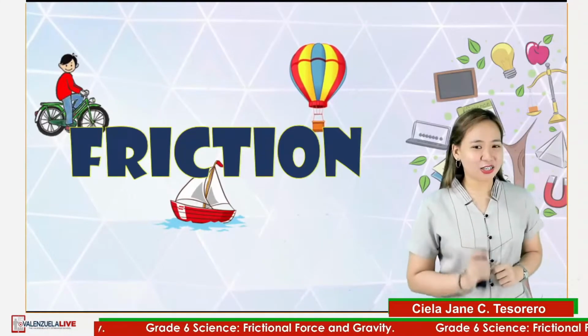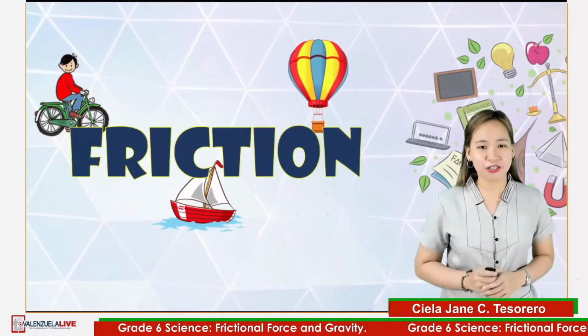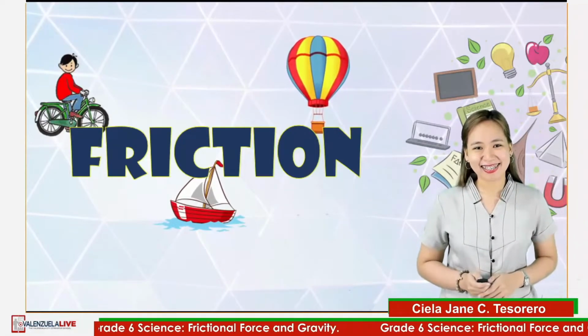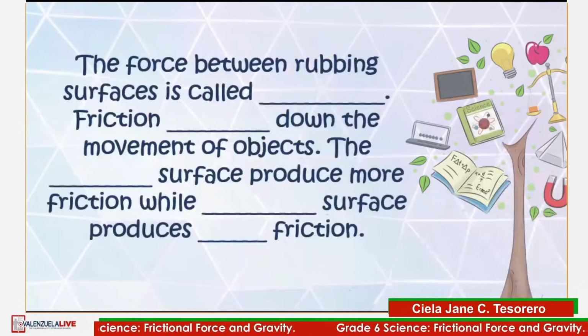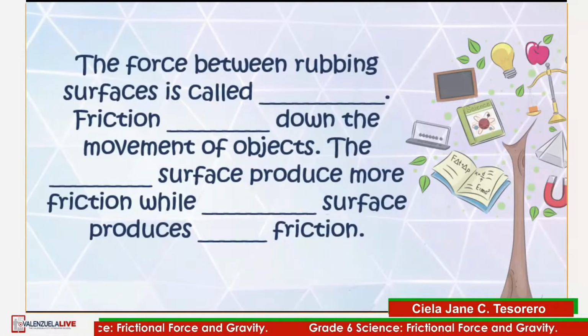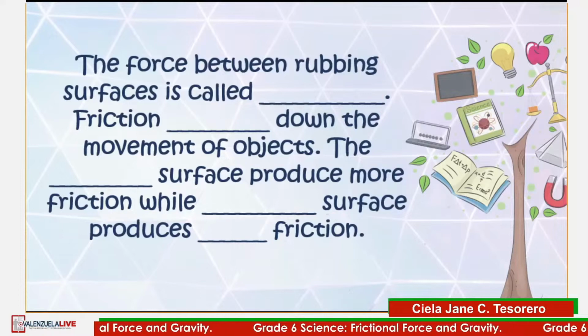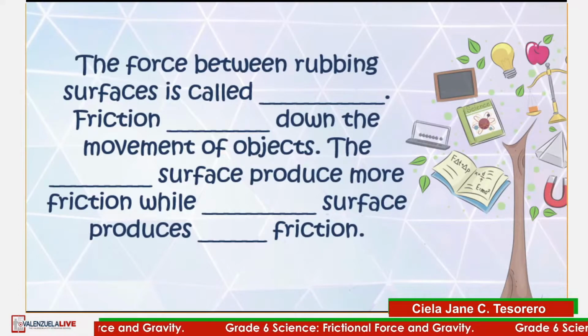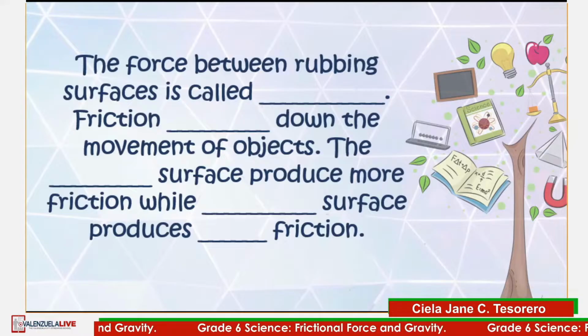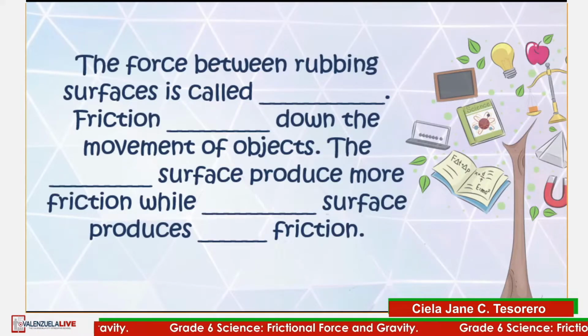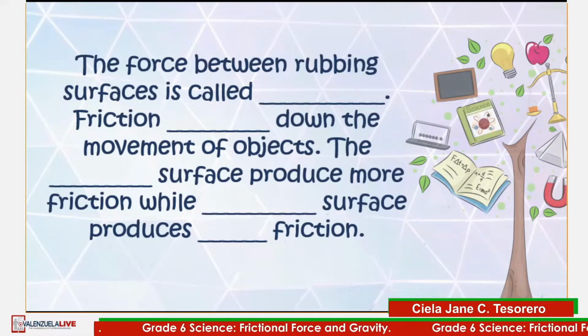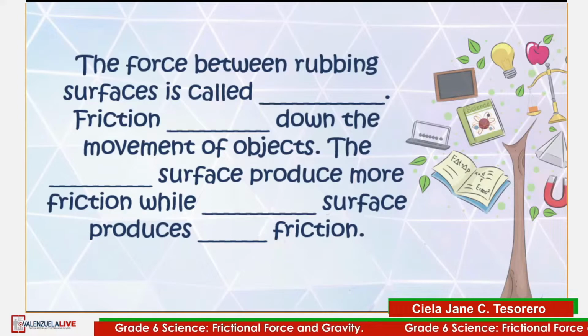Let us try to fill the blanks with correct words. The force between rubbing surfaces is called blank. The blank slows down the movement of the objects. The blank surface produces more friction while blank surface produces blank friction.